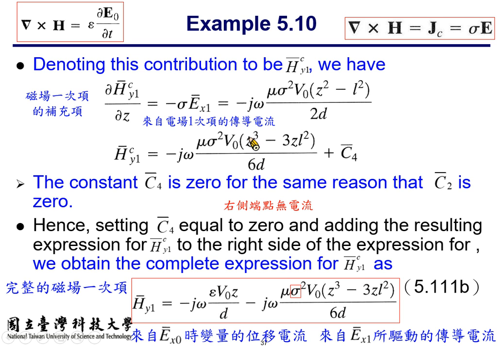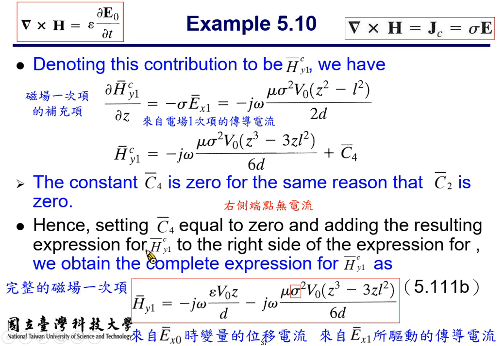If you substitute Z with 0 on the right-hand side, the overall magnetic field should be 0 as well. Therefore, the only solution that satisfies this condition is C4 equal to 0, because we don't have any current at the very right-hand side.